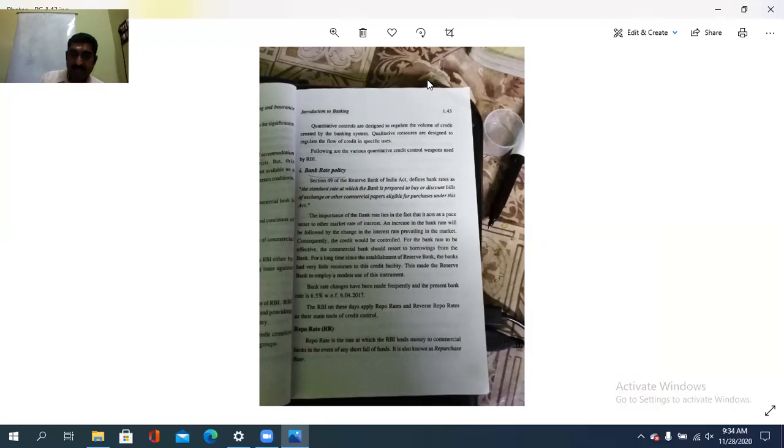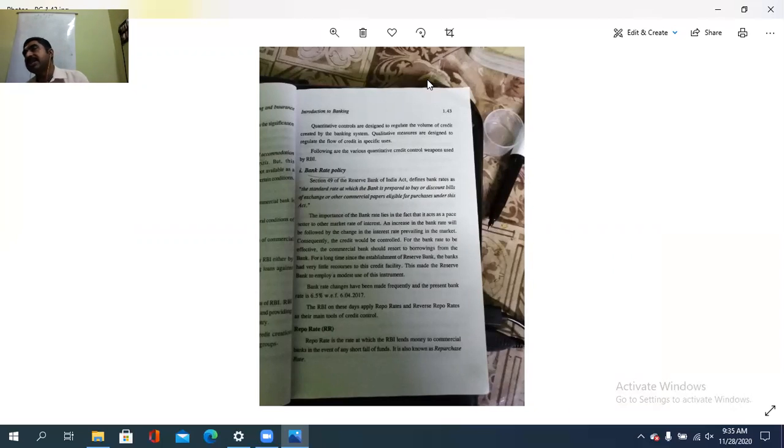And then we see the repo rate and the reverse repo rate. So repurchase rate: lending the money to the commercial bank. RBI is lending the money to a commercial bank at a rate in the event of any shortfall of fund. Fund കുറയുന്നതിനനുസരിച്ച് they are lending the money to the commercial bank. That is based on some rate, isn't it?